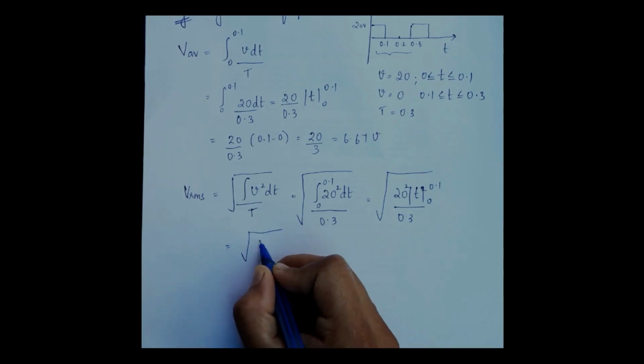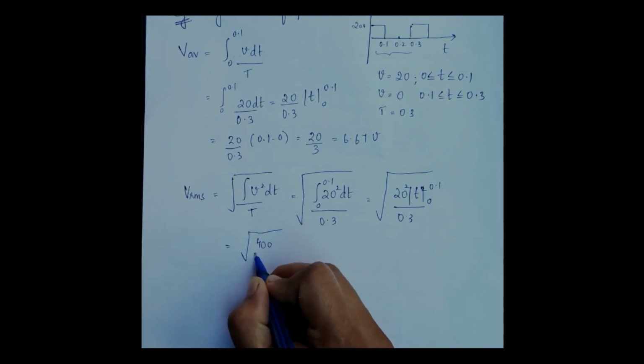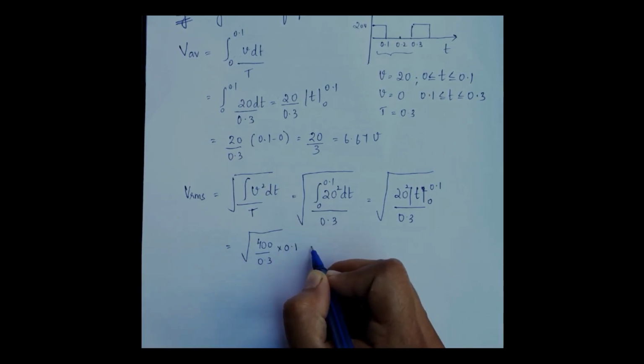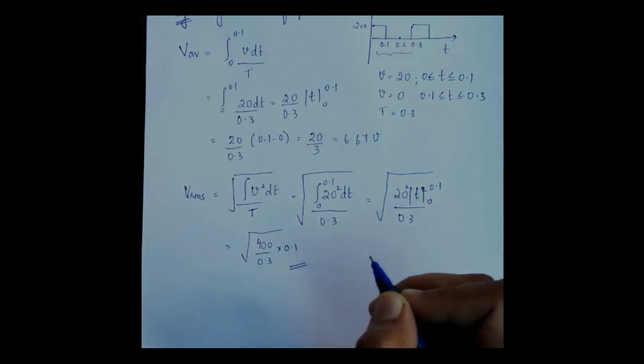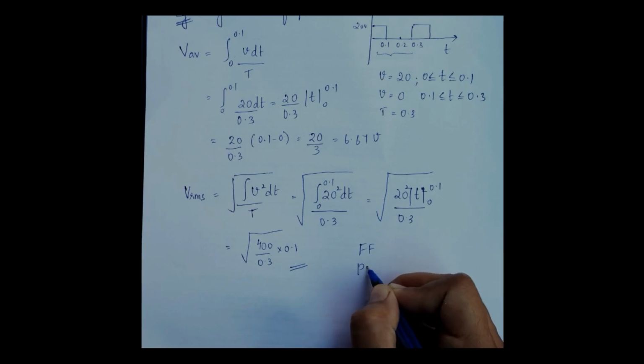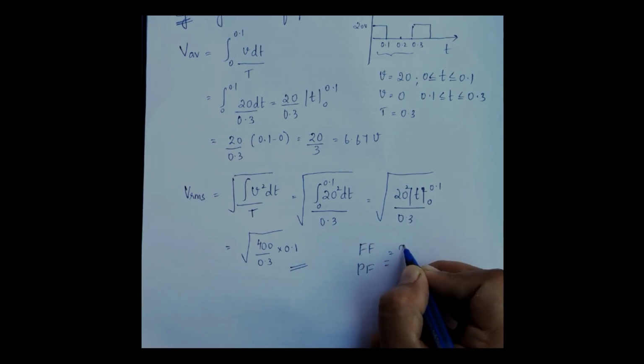It's 400 by 0.3, 0.1. Find the form factor and peak factor using this Vrms and V average.